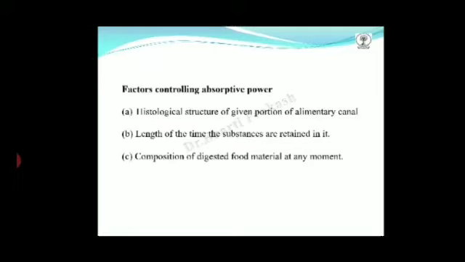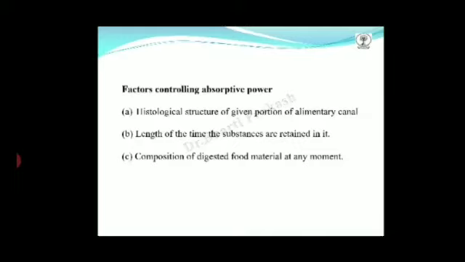Now, what are the factors that control the absorptive powers? There are three factors. First is the histological structure of the given portion of the alimentary canal. In the alimentary canal that starts from the mouth, what is the structure? Does the structure support absorption of the digested food? The second is the length of time the substances are retained in it.